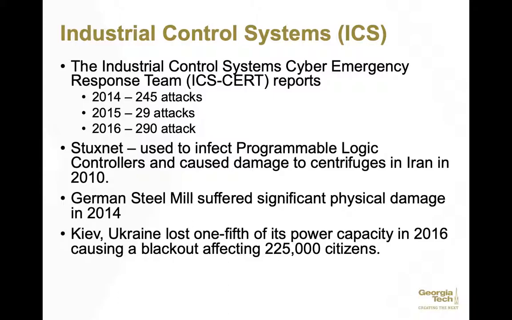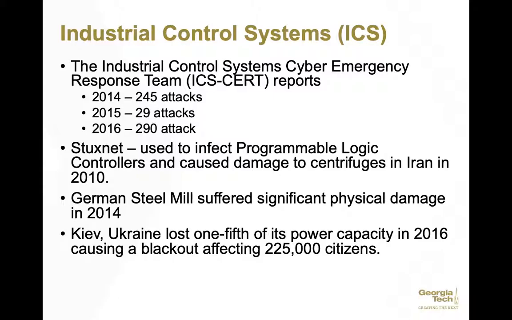Some of the most notable ones are the Stuxnet worm, which was used to infect PLCs like we use in the class, and caused the centrifuges in Iran in 2010 to spin a lot faster and for a lot longer than intended, and actually ended up tearing themselves apart and damaging the Iranian facilities.